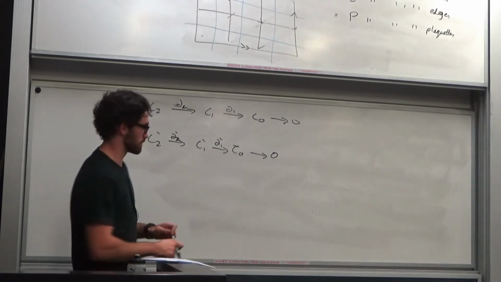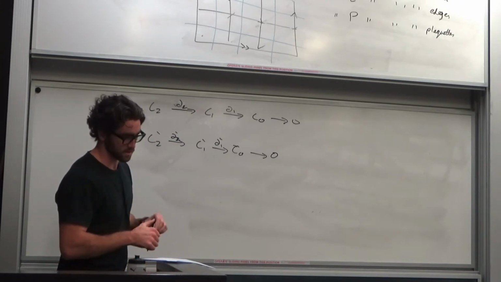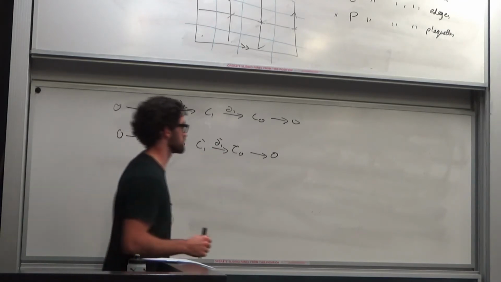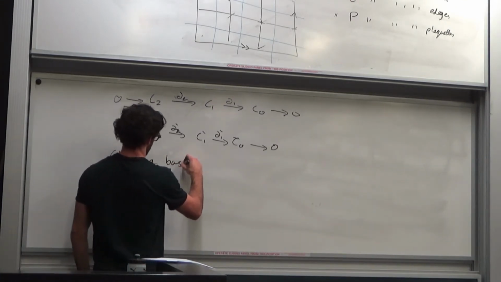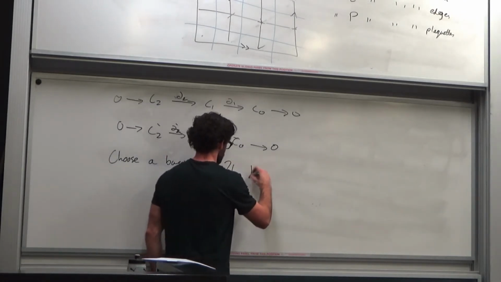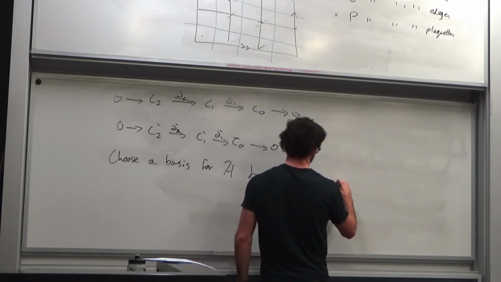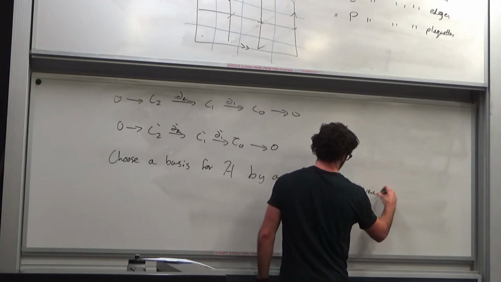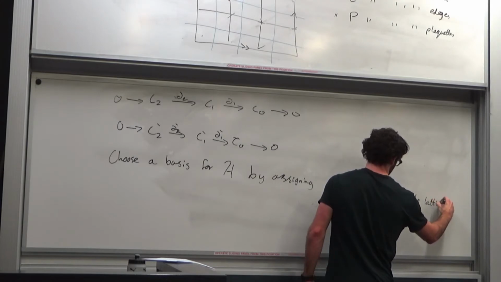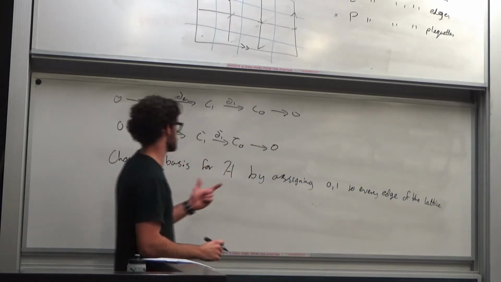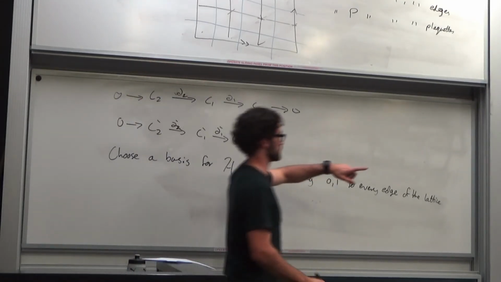Hopefully people remember a little bit about how we constructed homology from these chain complexes a couple of weeks ago, because we will start to take a basis for the big Hilbert space by assigning a 0 or 1 to every edge. So that's the big Hilbert space, and then we're going to look at what conditions we want to satisfy.